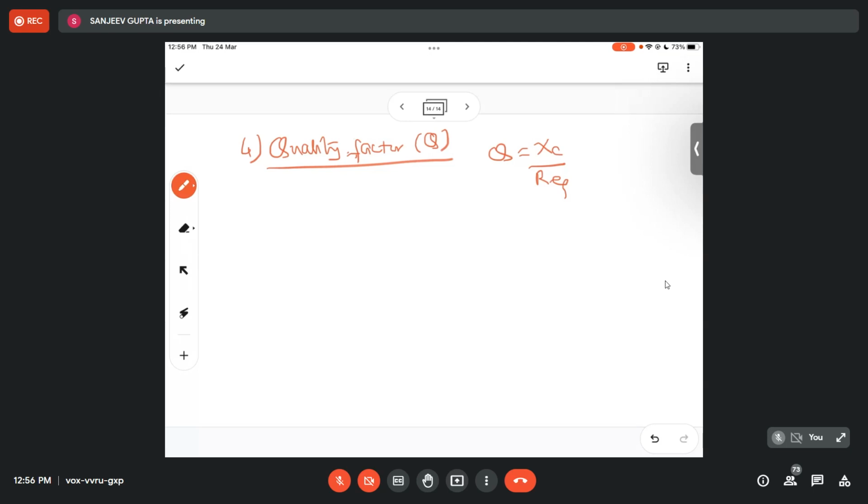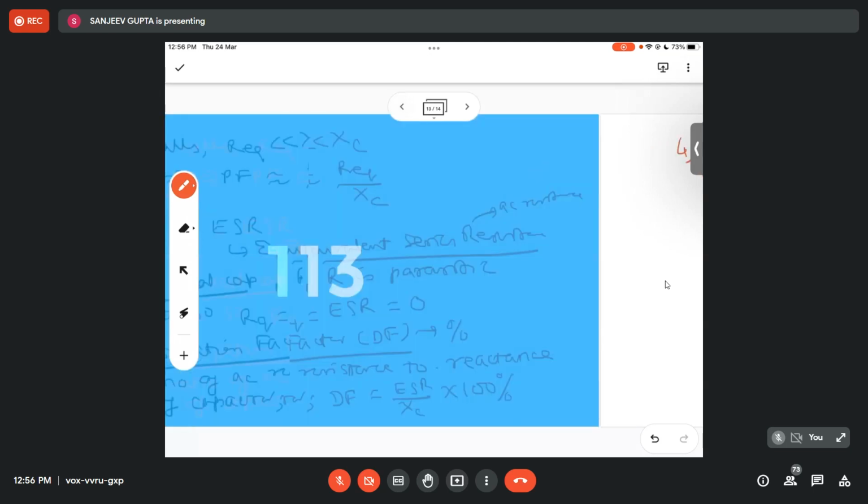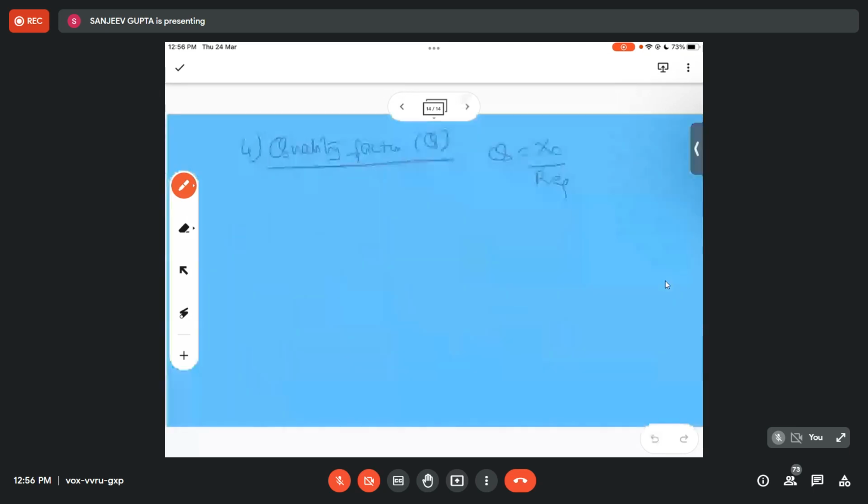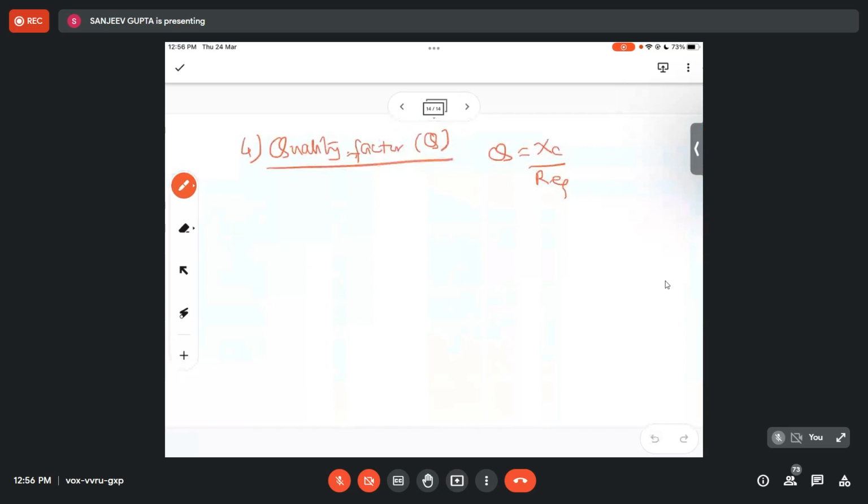So Q is equal to this. Here I could also write this as R equivalent over XC into 100%. So it is one and the same thing. Every equation could also be written as Q equal to 1 by omega C R equivalent, where omega is 2 pi F and so on. So this is another parameter.